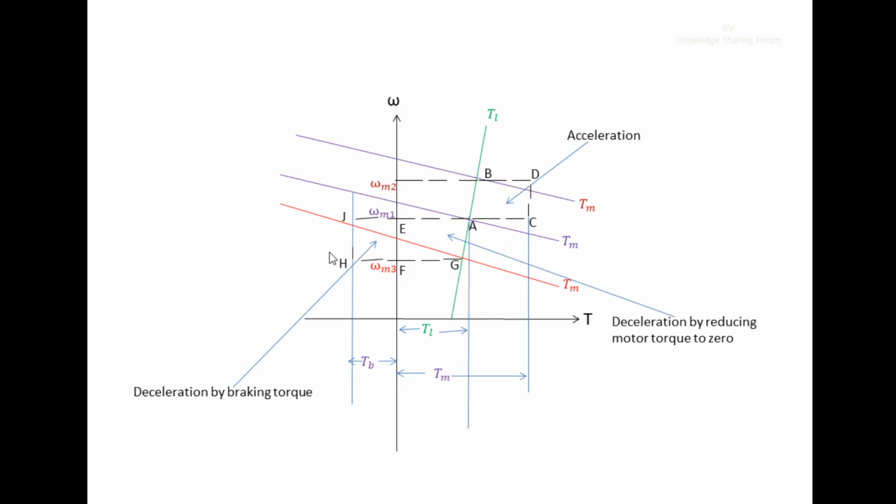But in your university examination, you can draw just one diagram so that your time can be saved. By means of this one diagram, you can explain steady state, acceleration, and deceleration. I have explained them separately in order to make you understand in a clear way.